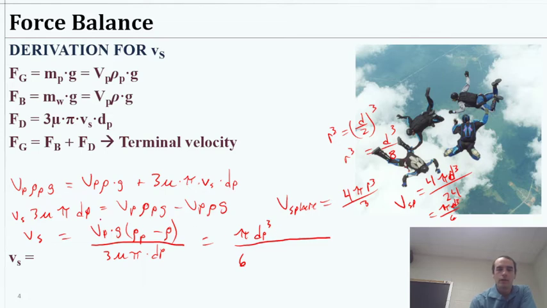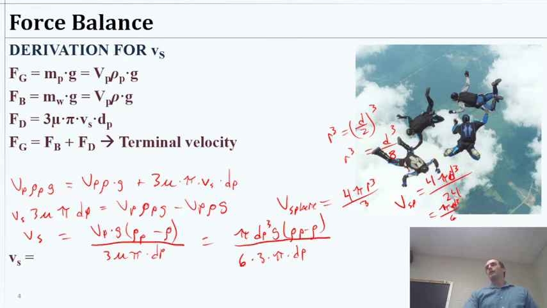All of that's our v term right there. Just putting it in there, and then I'll multiply everything else across, times g times rho particle minus rho, divided by the remainder here, which was 3 times pi times dp.